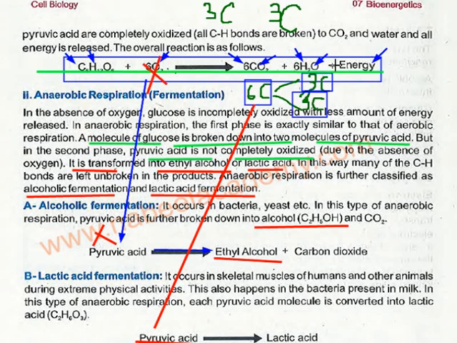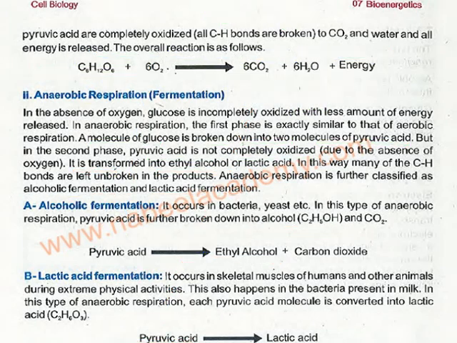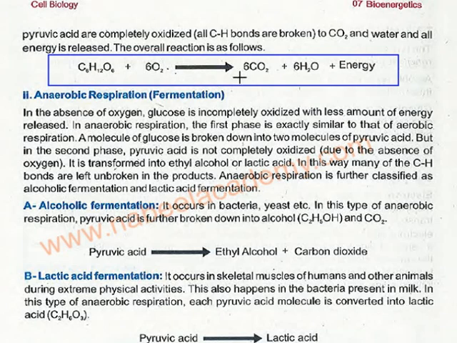This reaction is normally happening in the body, but when you are having extreme physical activity, understand, normally when you are walking, when you are sleeping, this reaction is taking place in your body.